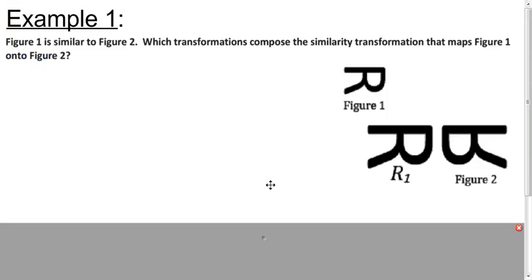So in this example, we want to just state the transformations that we'd have to perform to go from figure 1 to figure 2. So try writing those out, and we'll talk about it together. So first, we would have to dilate figure 1 so that it was as large as figure 2. So we'd have to enlarge it with a scale factor bigger than 1.